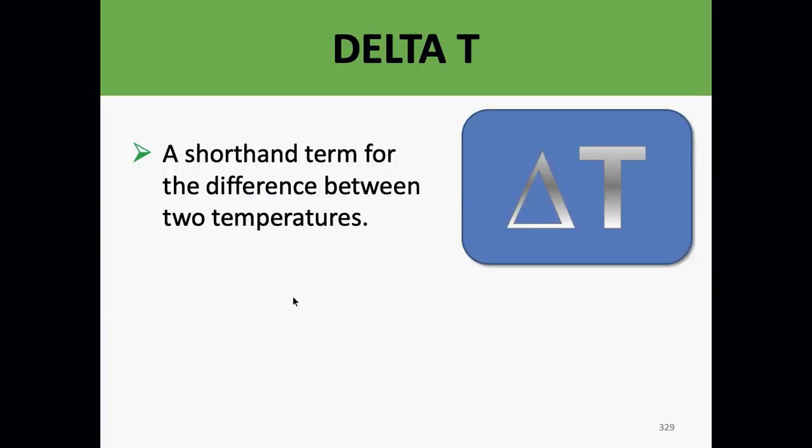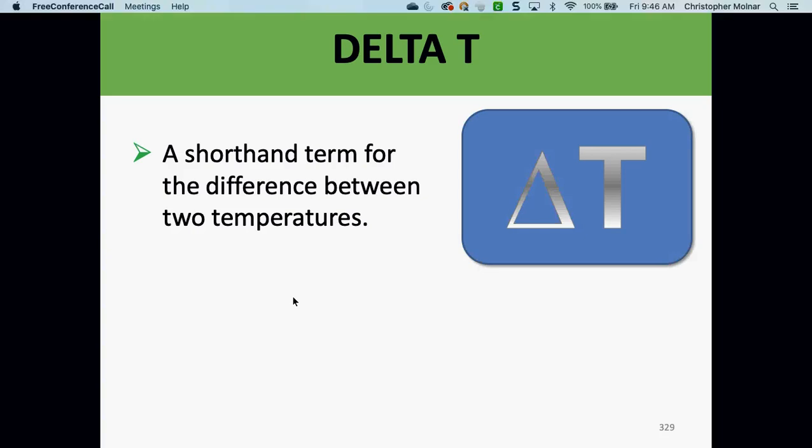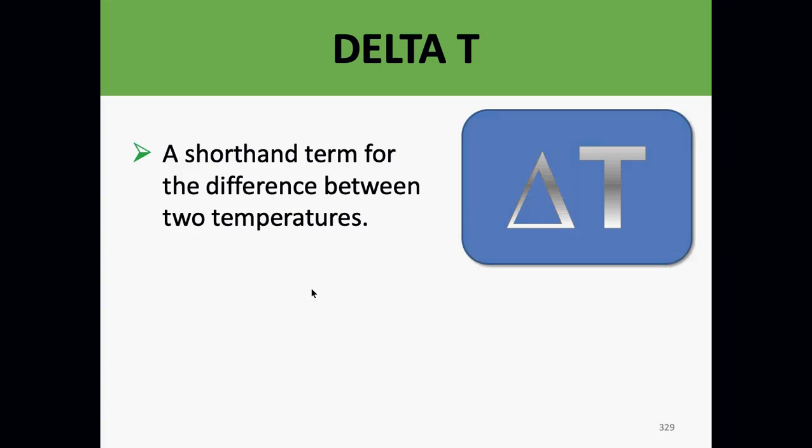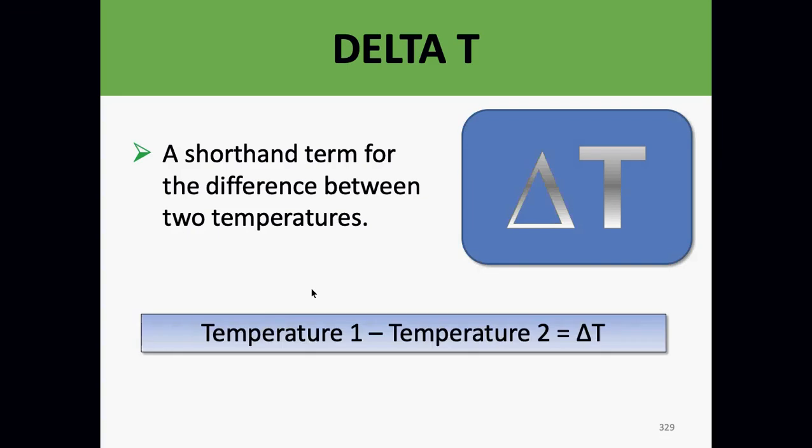Okay, delta T is a shorthand difference between two temperatures. You're going to see this all the way through your trade. Temperature 1 minus temperature 2 equals delta T. It is very possible sometimes to have a negative delta T depending on where you take your temperatures.